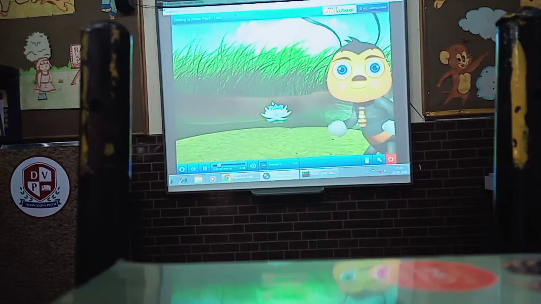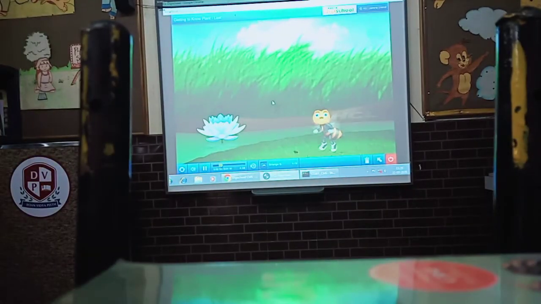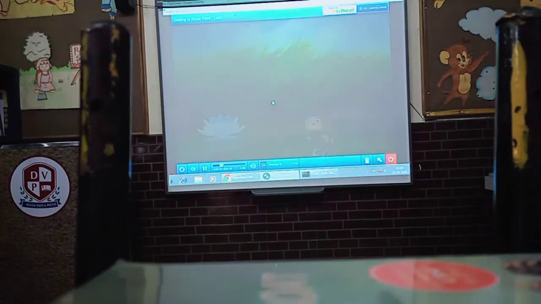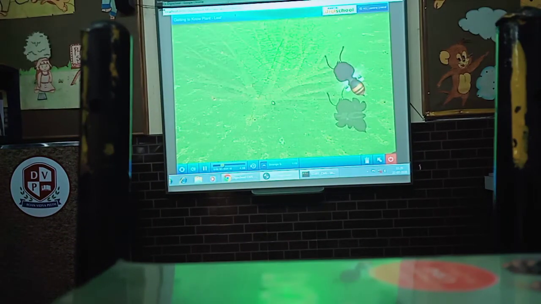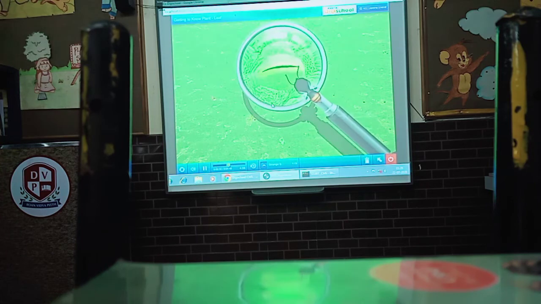Did you know that an Amazon water lily is as strong as a boat? These lines in the leaf support the leaf, just like the steel bars that support a building. They have many other important functions too. And what are these structures?